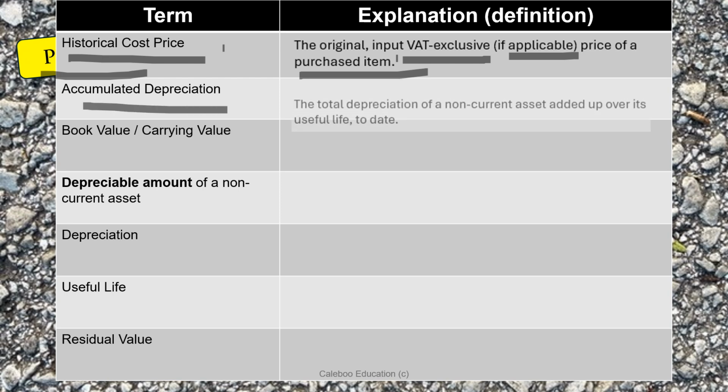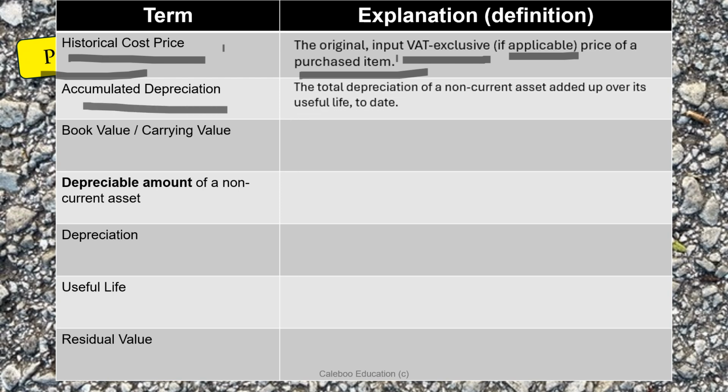Accumulated depreciation is the total depreciation of a non-current asset added up over its useful life. So if I'm going to use a delivery vehicle, its useful life is 4 years. We're going to deal with depreciation. Every year that vehicle depreciates, it decreases in value every year. The accumulated depreciation will be all the depreciation added up over 4 years in my example.